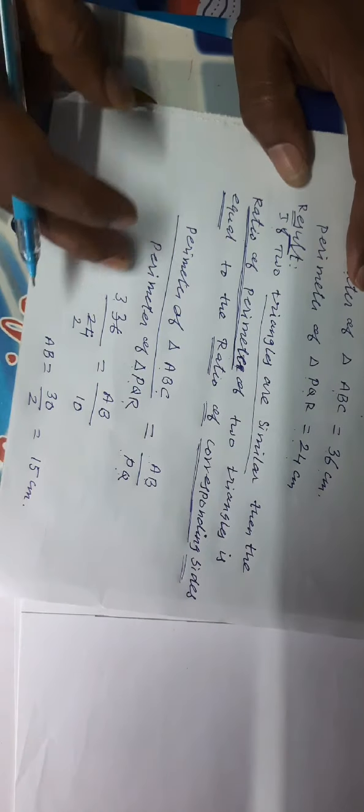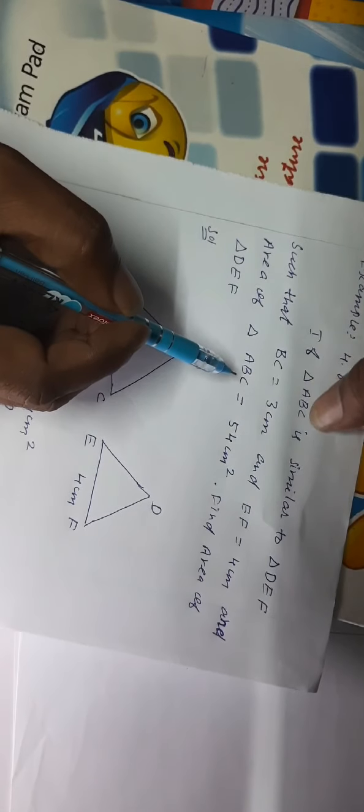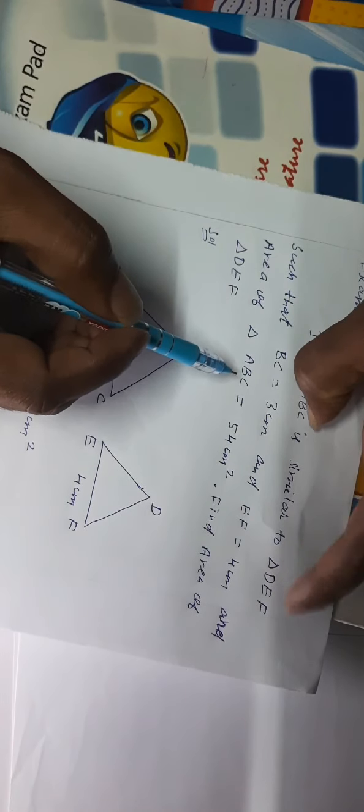Okay, that's all the sum. Next we will go to example 4.8. Given triangle ABC is similar to triangle DEF.